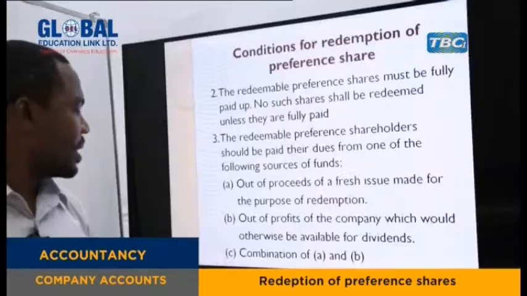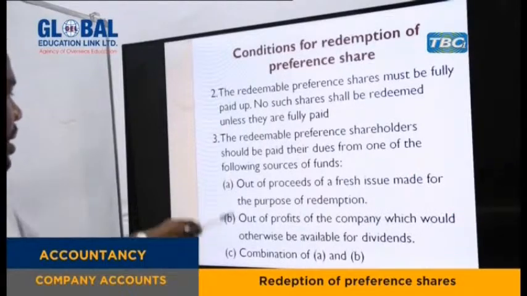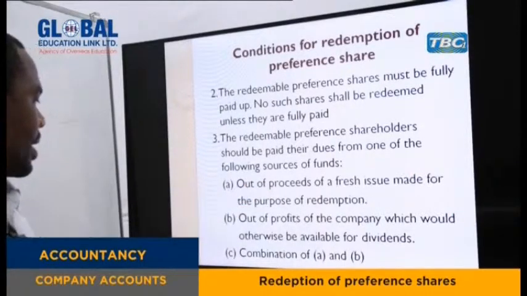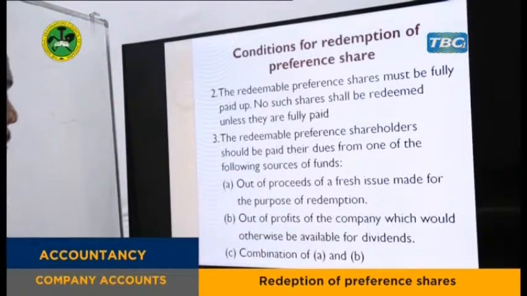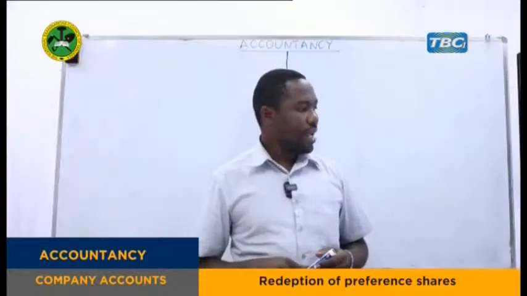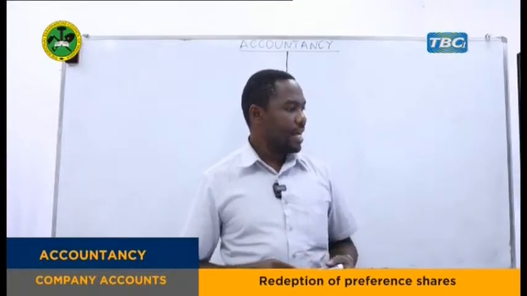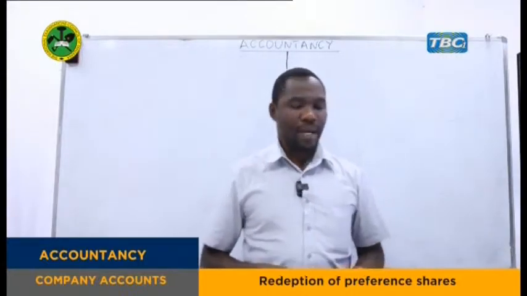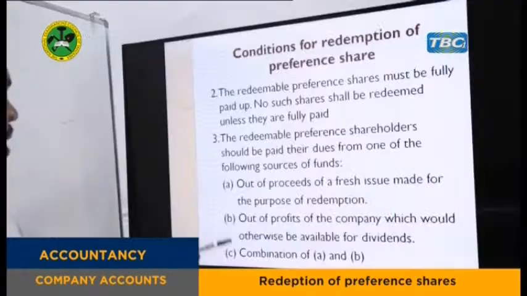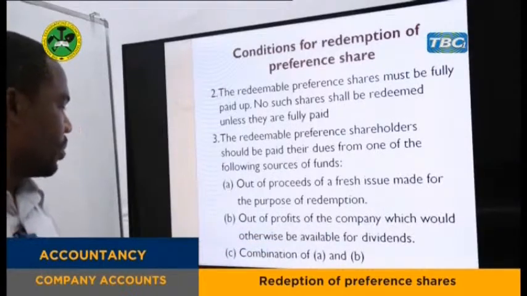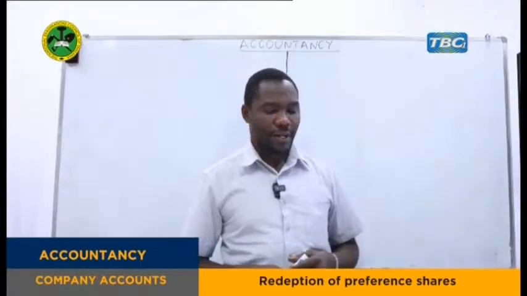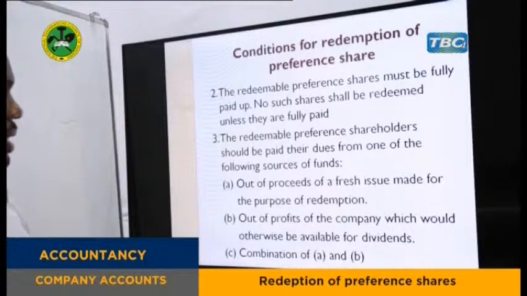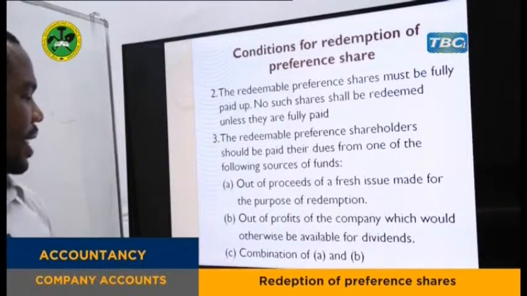The second source is internal source. This is external source. For the internal source, they may use the available reserves that could be used for payment of dividends. So out of profit of the company which would otherwise be available for dividends, we use this internal source. But the third source is the combination of the two.